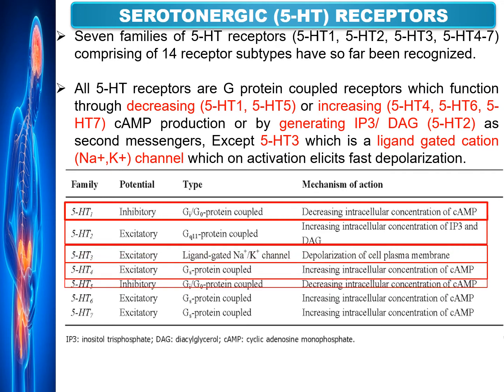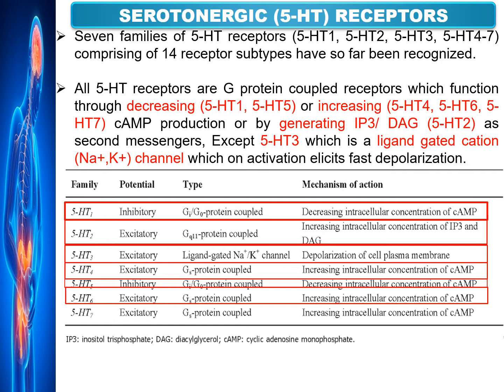Then the sixth family is the 5-HT6 receptors, having the excitatory potential, has Gs type of the coupler protein, and they function through increasing the intracellular concentration of cAMP. Then the seventh type of the family is the 5-HT7.